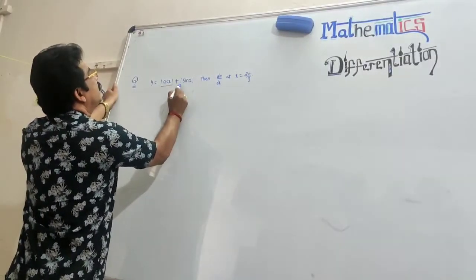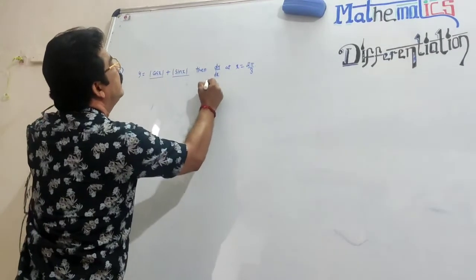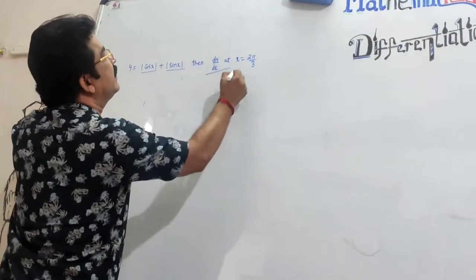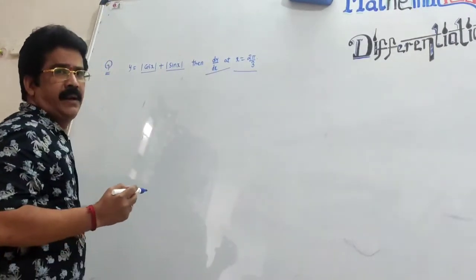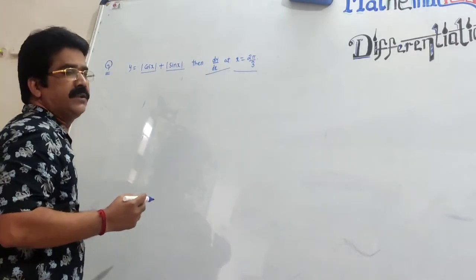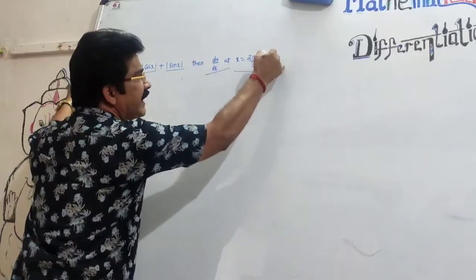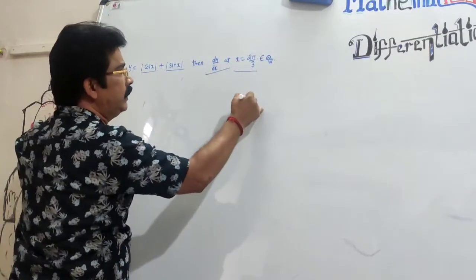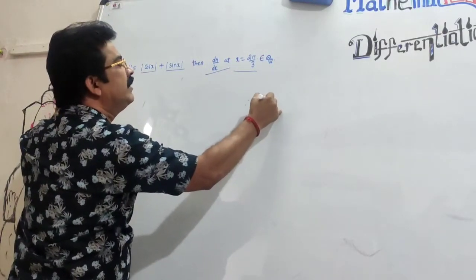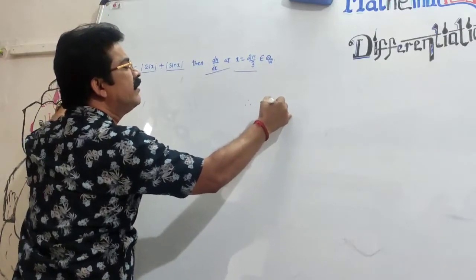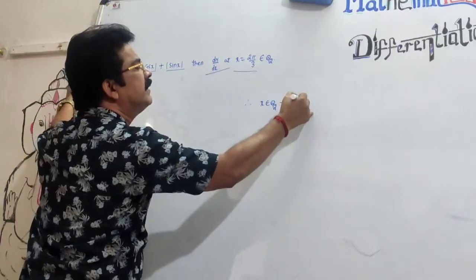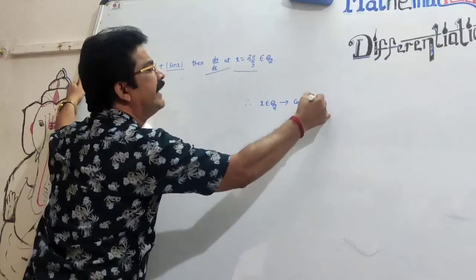Next problem. y equals modulus of cos x plus modulus of sin x. Then find dy by dx at x equals 2 pi by 3. Pi by 3 means 60, into 2, 120. 120 belongs to the second quadrant, in which cos x is negative.